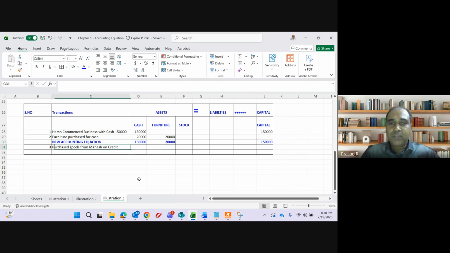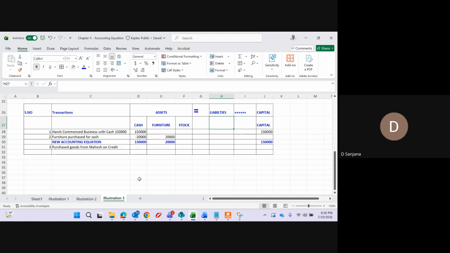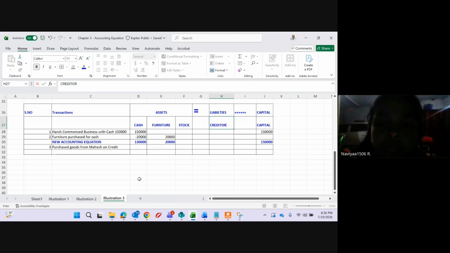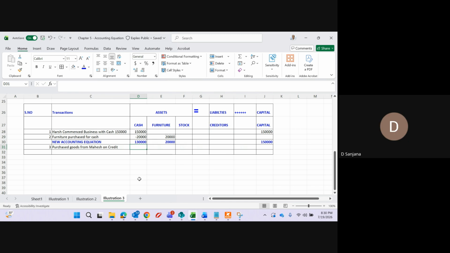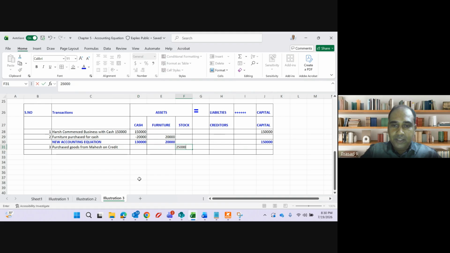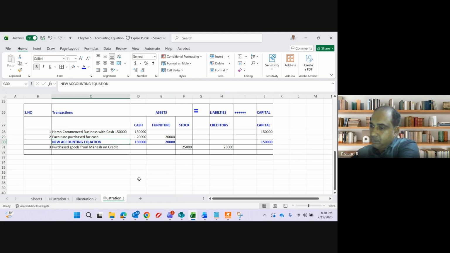And when I purchase something on credit, my liability will increase. What is the name of the liability? Creditors. Fantastic, guys. Help me with the amount. 25,000. So stock will increase by 25,000. Liability will also increase by 25,000. Next step?